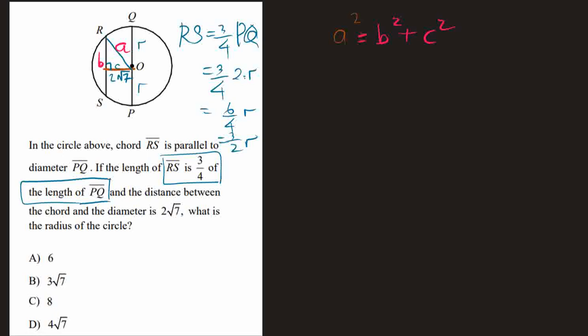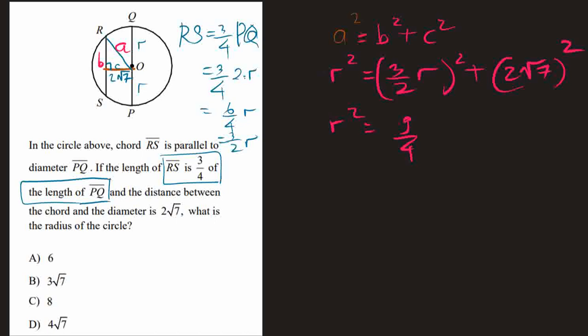Now we do A square is the hypotenuse, the radius itself. B is the RS. RS is 3/2 R, square, plus the C is 2 square root of 7, square. Now we have R square equals 3/2 is 9/4, 4 times 7. R square minus 9/4 R square equals to 28.